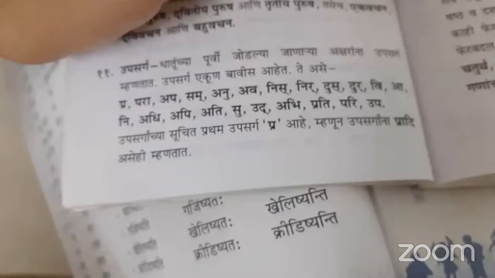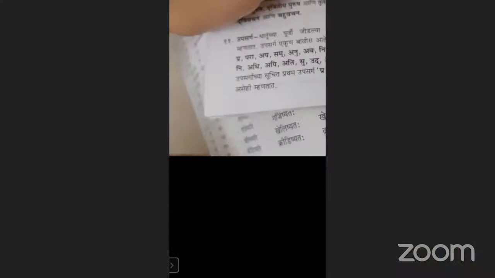So total these are 22 upasargas which are added before the root. That means it is called a prefix in English. Prefix or upasarga. So upasargas start from the letter pra, that's why they are called pradi.